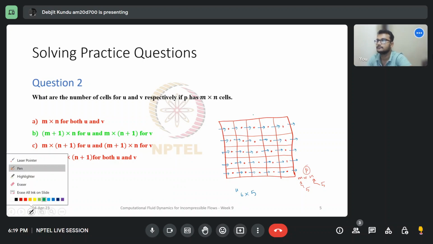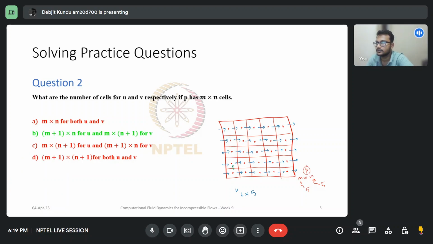So v we will store in the horizontal faces, and we will have 2 in the top and bottom faces as well. So v would be stored in this manner.